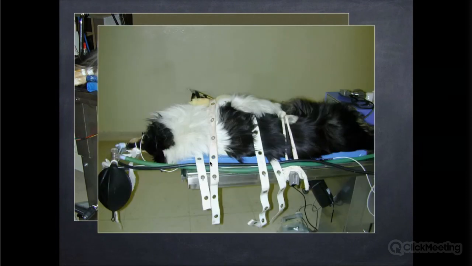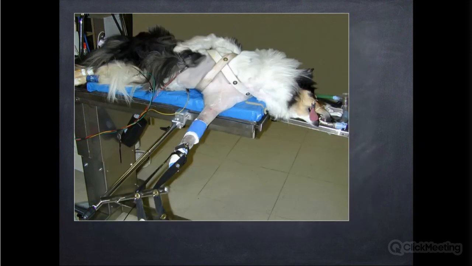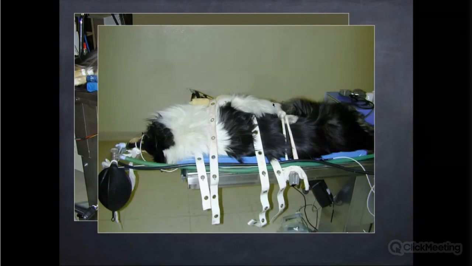But generally speaking, we stabilize the patient with the belts crossed over the thorax in order not to damage any other body structure.